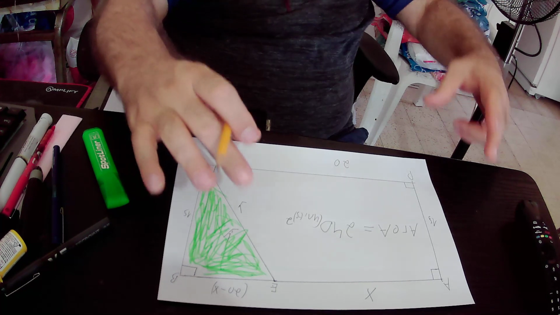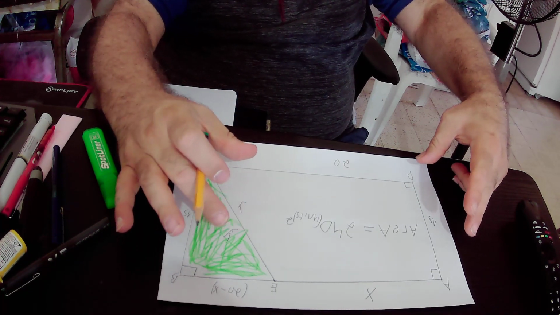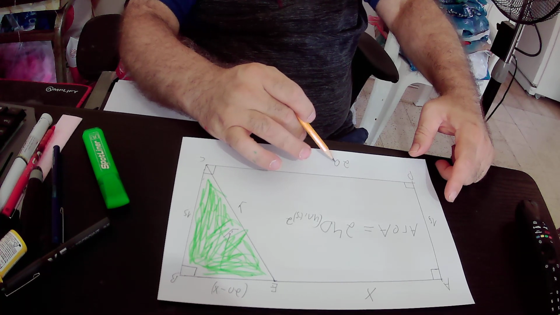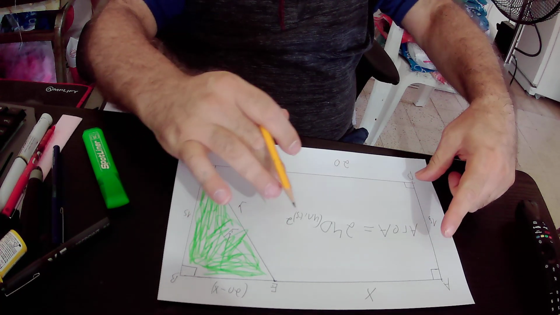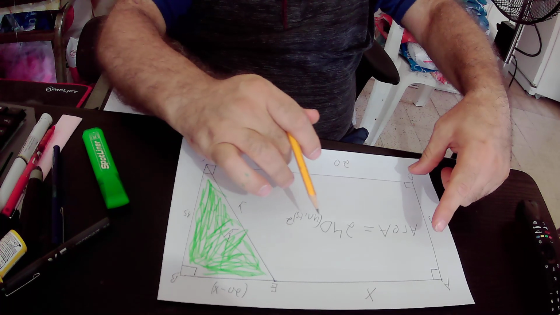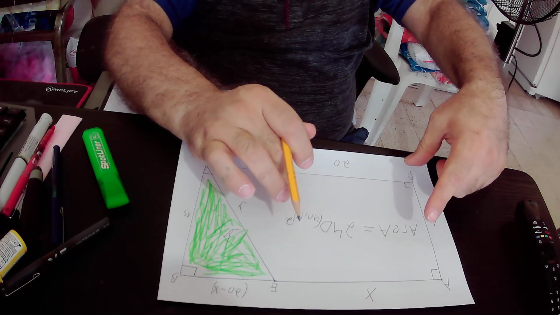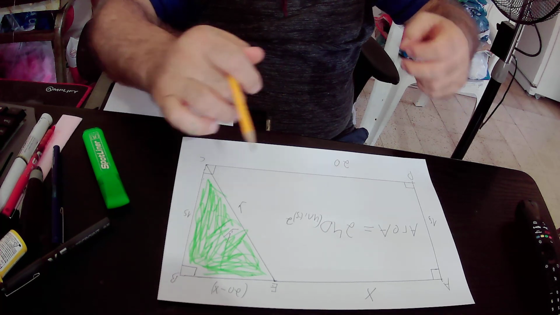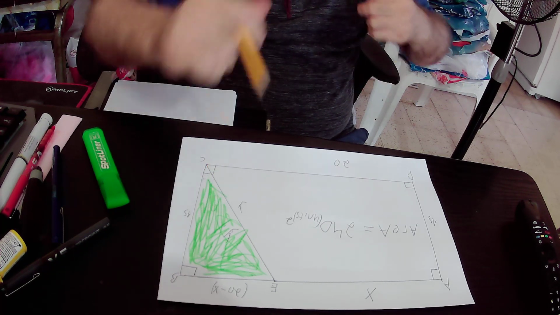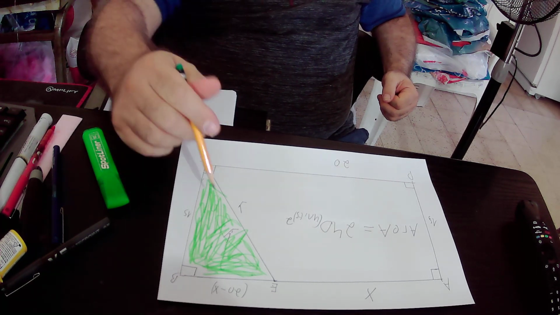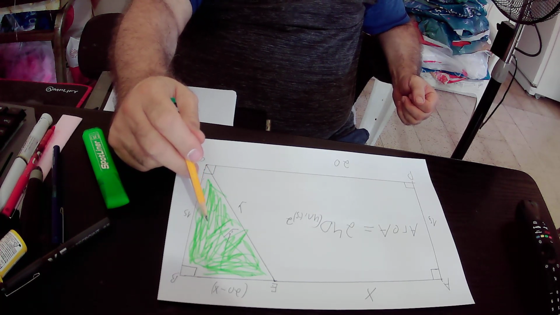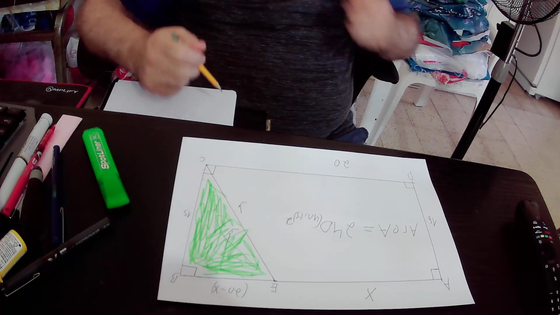The area of the rectangle is 300 units squared, because it is 15 times 20, minus the area of the white shape, which is 240 units squared. So 300 minus 240 equals 60 units squared. So we know that the area of the green right triangle equals 60 units squared.